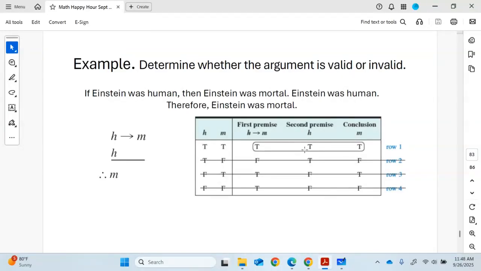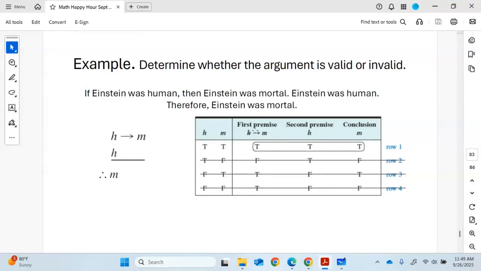Well, now that I identified which rows have true and true on the premises, and since I only have 2 premises, I'm only checking 2 of them. But if I have 3 premises or 4 premises, I need to have true in all of the premises. Well, in this case, there was only one row, and the conclusion was also true.